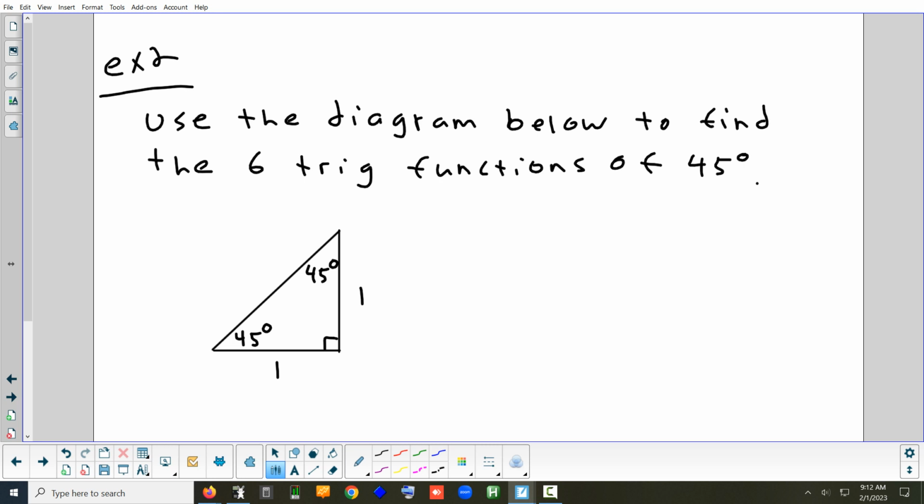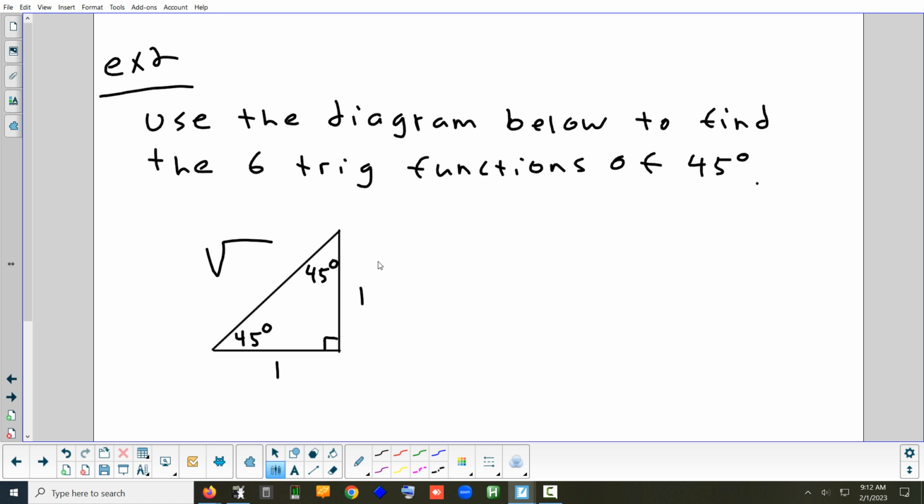So to find the 6 trig functions, what's the first thing I need to find here that I'm missing? I can't really continue until I find this. I need the hypotenuse. And if you use the Pythagorean theorem to find the hypotenuse, what would you get for your answer? All the sides can't be 1, or that would be an equilateral triangle. That hypotenuse has to be the biggest.